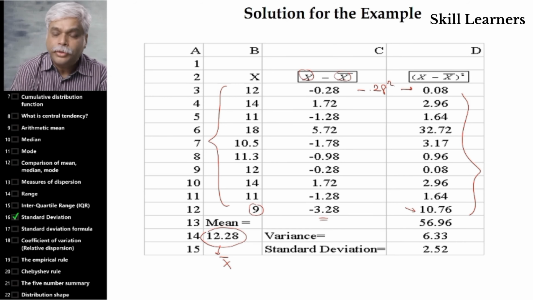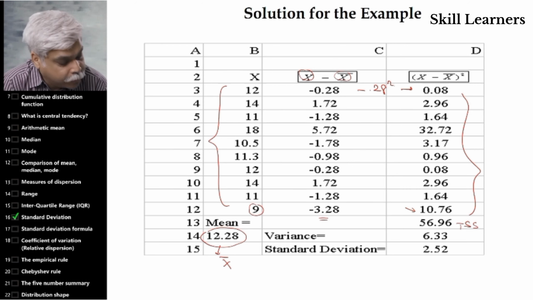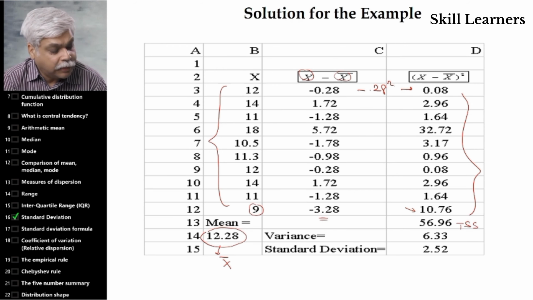The next thing that I do is I calculate the total dispersion, or what is sometimes called the total sum of squares, which in this case is 56.96.